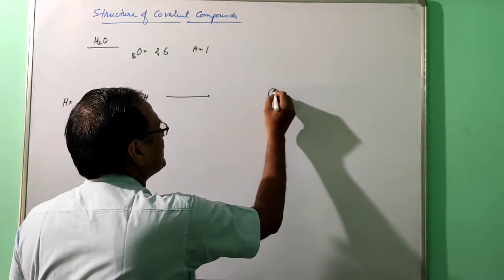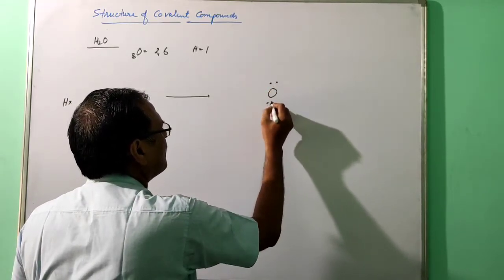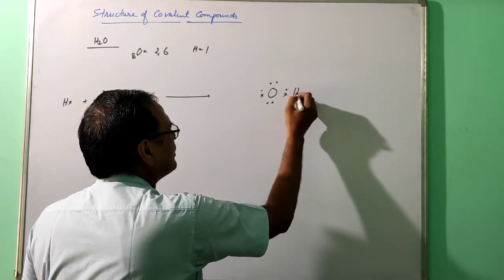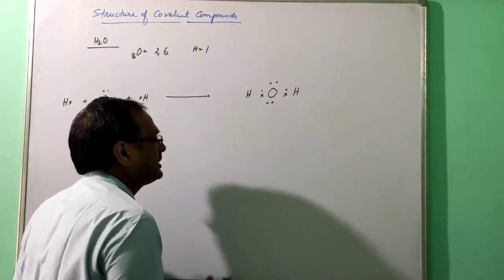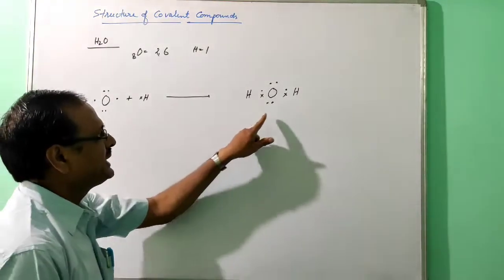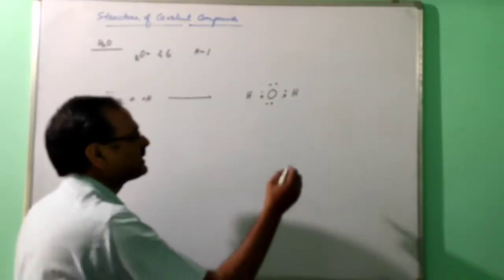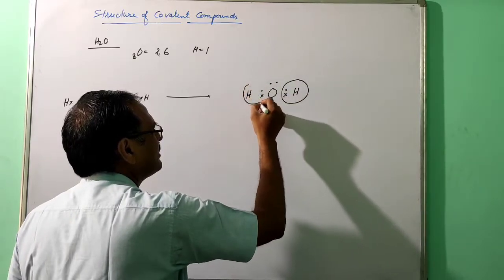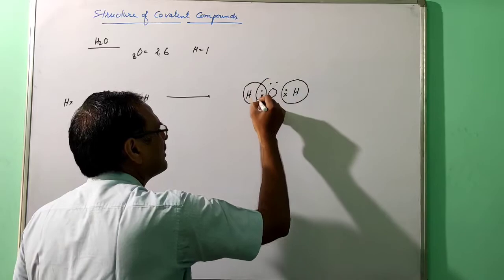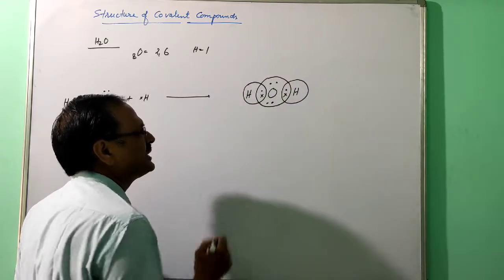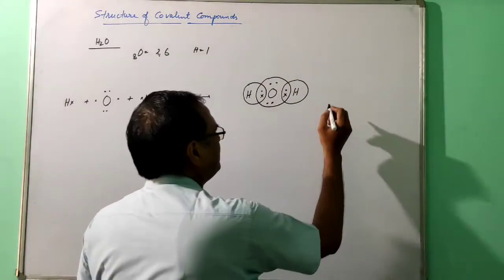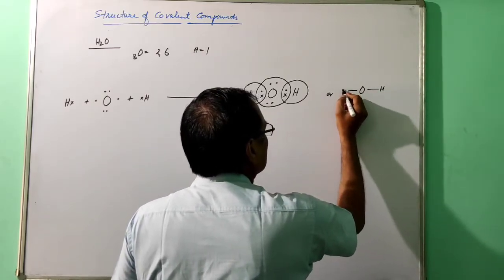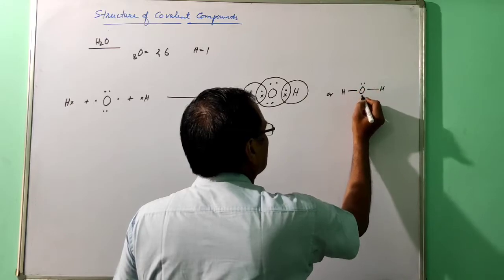So this will become hydrogen. Now you see, oxygen is completing the octet, hydrogen is completing the duplet. Either you can leave it here, otherwise a Venn diagram if you want. This way the structure can be drawn. This oxygen, 2 hydrogen atoms.